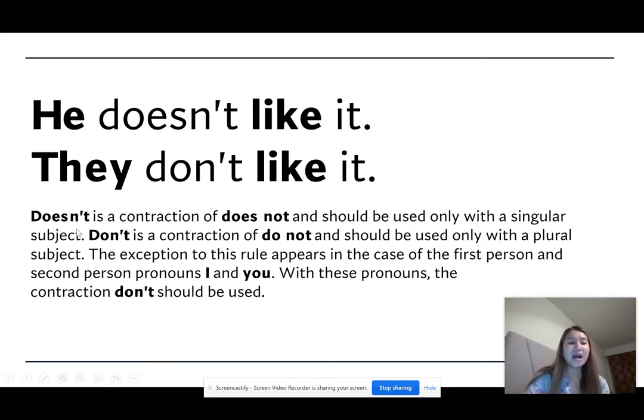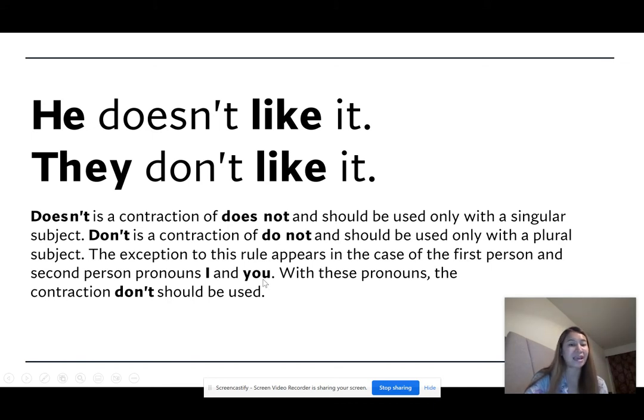Next, doesn't is a contraction of does not and should be used only with a singular subject. Don't is a contraction of do not and should be used only with a plural subject. The exception to this rule appears in the case of the first person and second person pronouns I and you. We know that. With these pronouns, the contraction don't should be used.